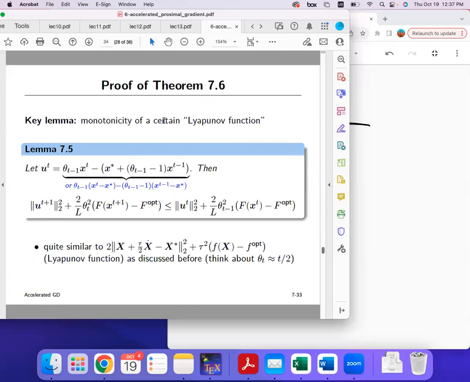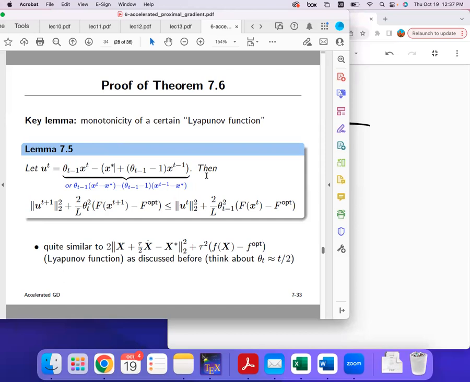Now let's go back to this lemma. It says that, first of all, let's define this u_t. What is this u_t? It is a vector defined as a linear combination of x_t, x star, and x_{t-1}. x star is the minimizer of this optimization problem, and x_t and x_{t-1} are the iterates generated by the accelerated algorithm.